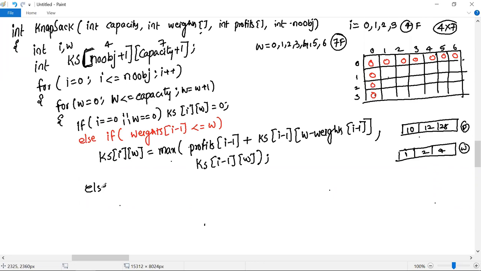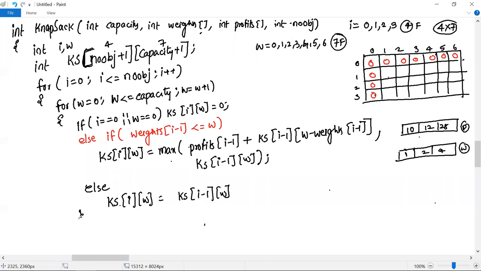Else, when will I go to else? If this condition is false, right? Else Ks of I, W will be what? We need to remove the object, but the weight will still remain the same.